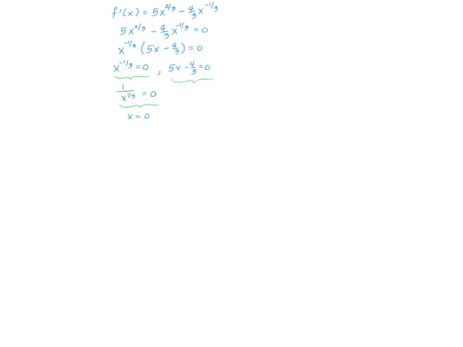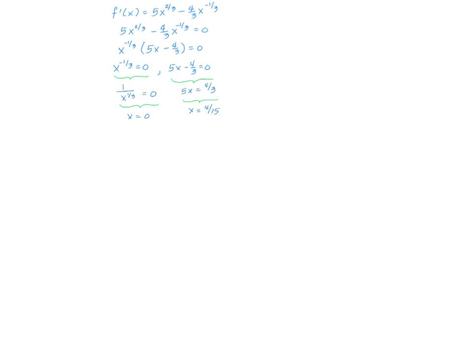Now solving 5x minus 4/3 equal to 0 gives me 5x equal to 4/3, and when I divide by 5, I get x equal to 4 over 15.